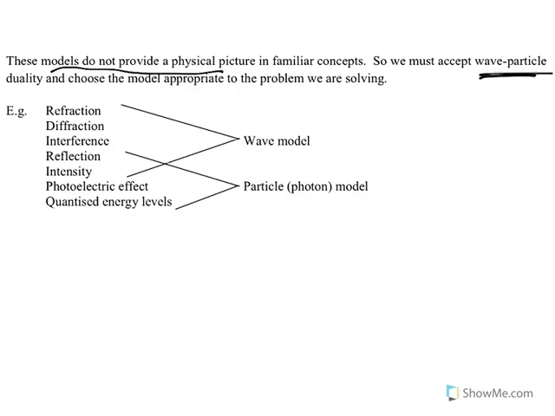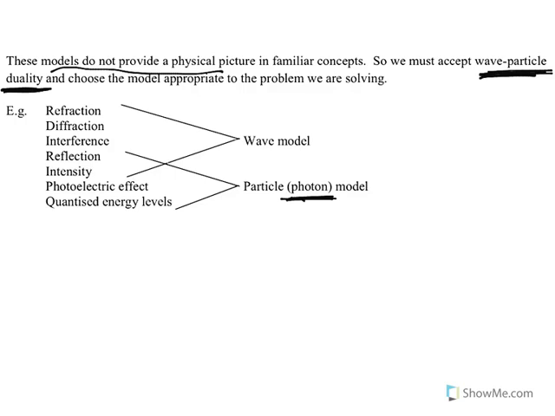So we accept this idea of wave-particle duality. Not that light is a wave and a particle at the same time, but depending on what you're doing with it, it behaves like a wave or a particle. When we say particle for light, we're talking about photons, the photon particle model.